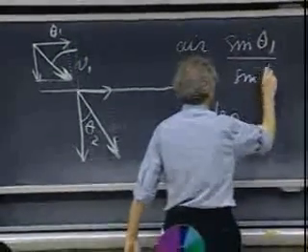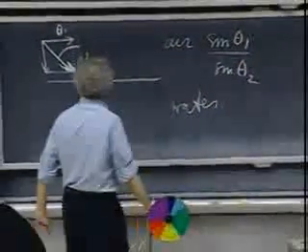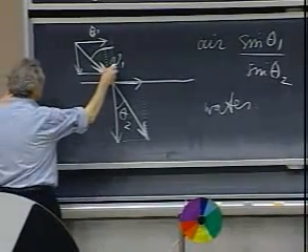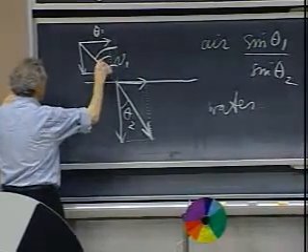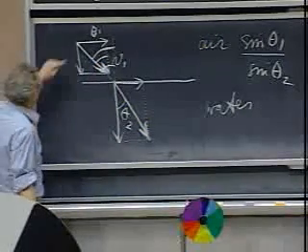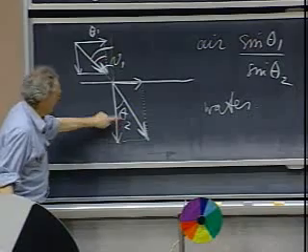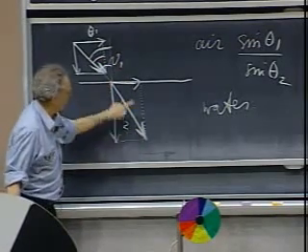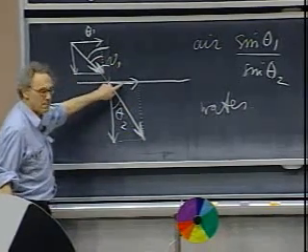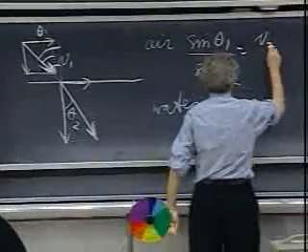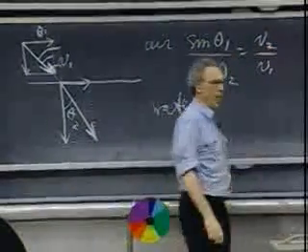But Snell's law immediately follows from this. The sine of theta 1, this angle is theta 1, so that's this velocity divided by this vector. And the sine of theta 2 is this velocity divided by this vector. But these two velocities are the same. And so you immediately find that this ratio is V2 divided by V1.